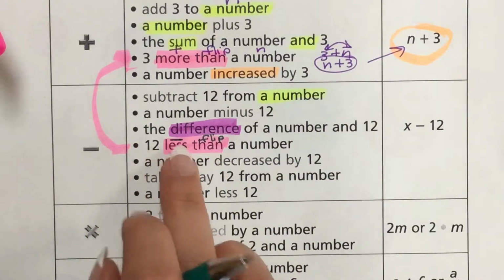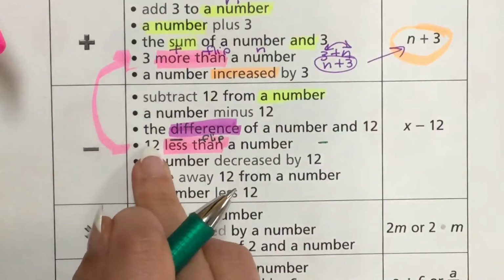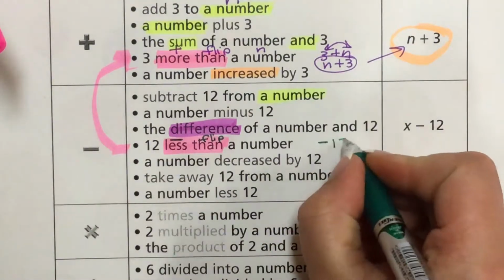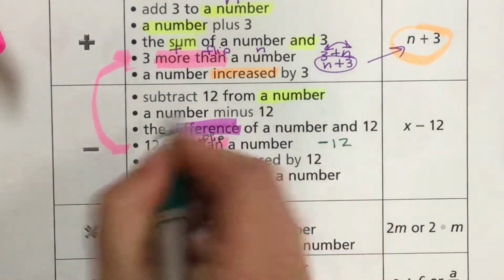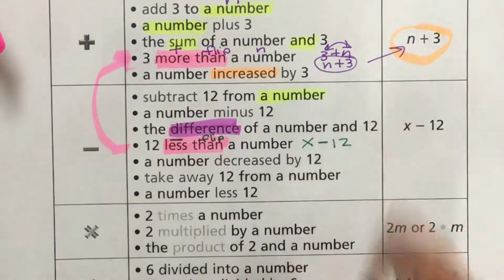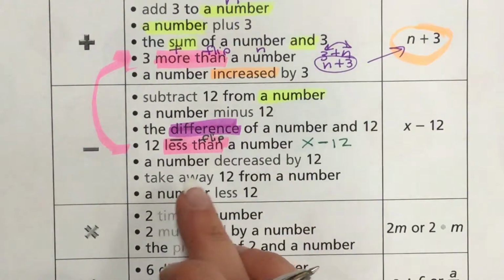When you see 12 less than, the 12 is in front, it's going to flip to the back. A number is in back of the words less than, and it is going to flip to the front. So that's how you end up with x minus 12, or 12 less than a number.